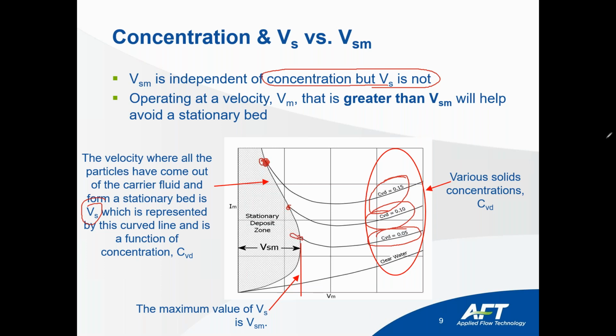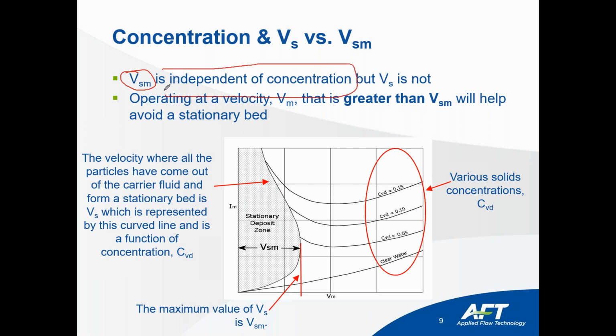Now here's the thing. The advantage to considering the VSM parameter, your maximum settling velocity, is because it is independent of concentration. So when you're comparing your operating velocity, this is just your average velocity of the slurry in the pipeline, if you are operating at a velocity higher than what the VSM parameter is, the maximum settling velocity, then that's going to give you the best assurance that you're not going to have settling in your pipeline, because it doesn't matter what the concentration is.